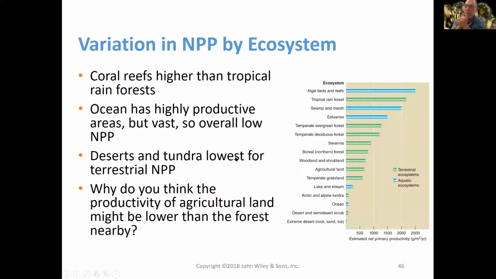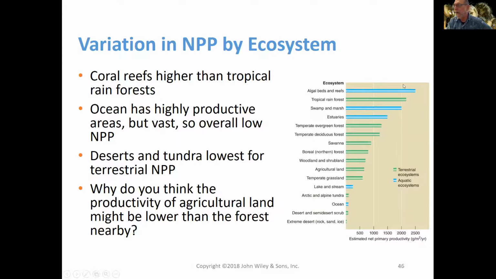So we're going to break into our groups here, but we want to look at variation of net primary productivity by ecosystems. This is just by way of saying that we can have different levels of primary production, different net productivity, in different ecosystems. You can see a graph here comparing the productivity of different types of ecosystems.